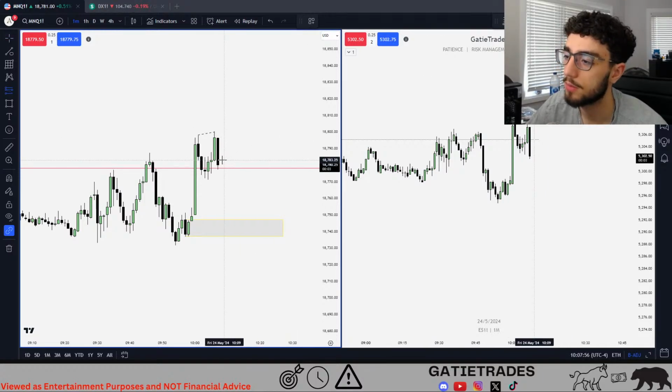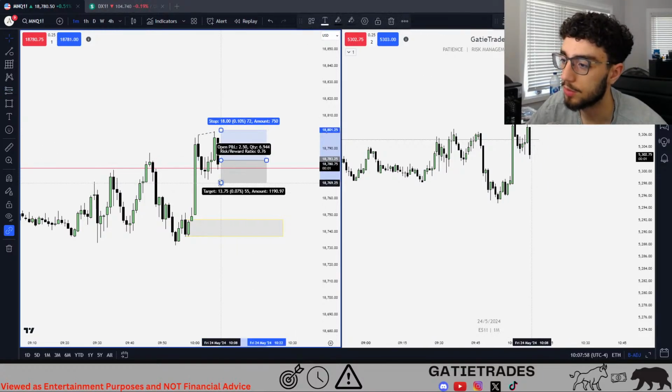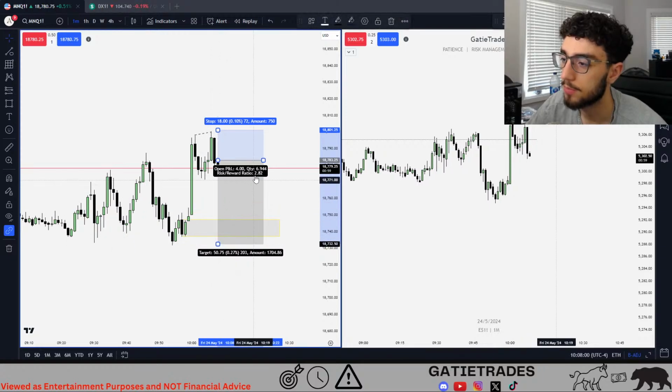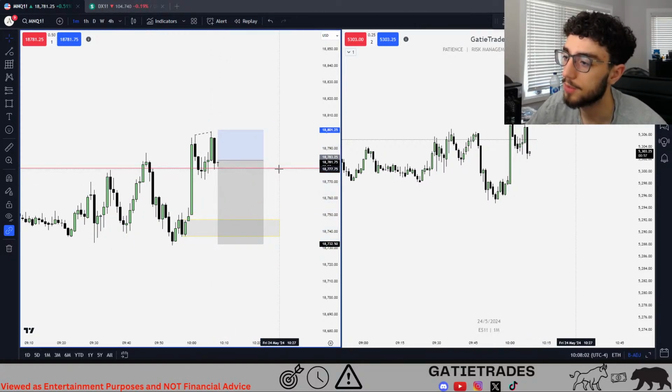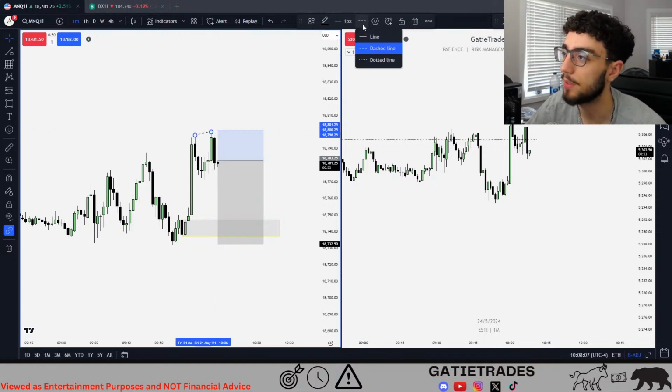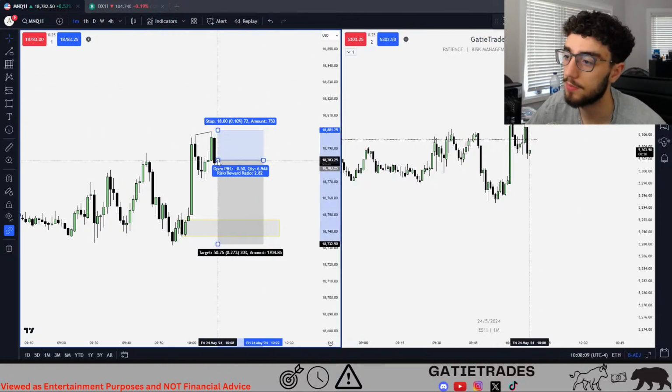This would be my entry model, but let's see if it plays out. This is the second type of entries I take. This short looks valid. Hey, Robbie thinks so.